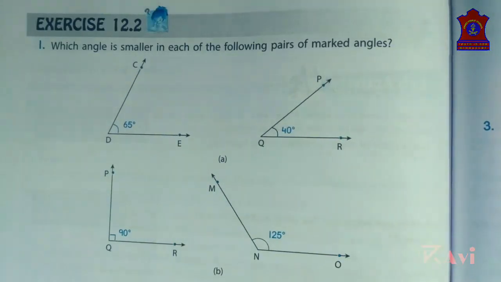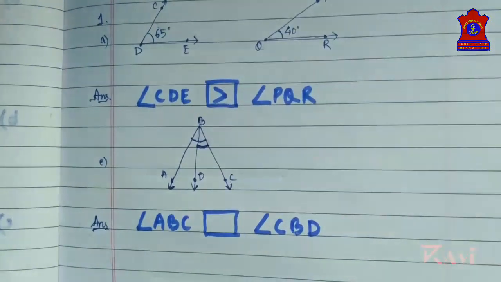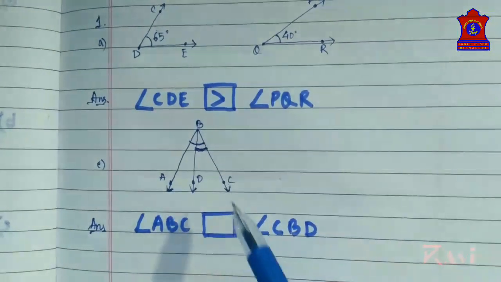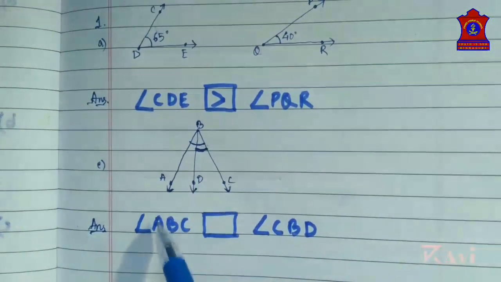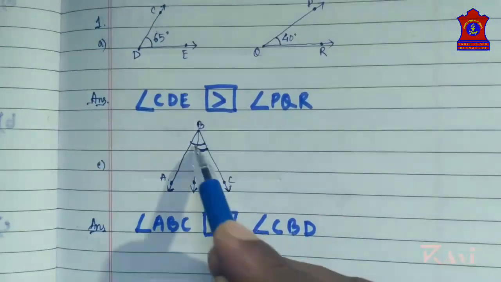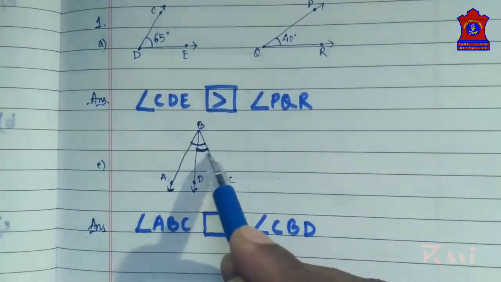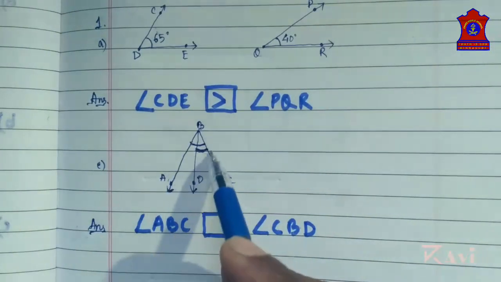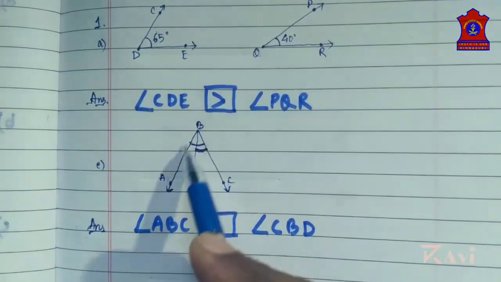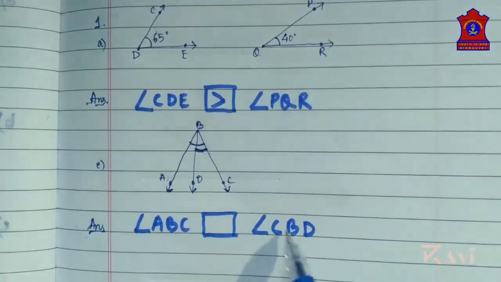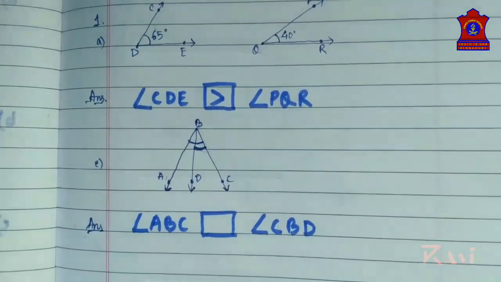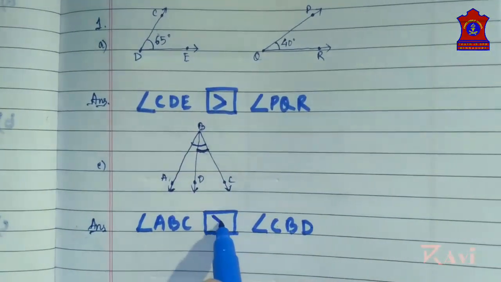Value is not given, but with the size of this angle we can easily say which is greater and which is smaller. So angle ABC is this, and angle CBD is this. With the help of this marked part, we can say that angle CBD is smaller. So the sign will be like this.